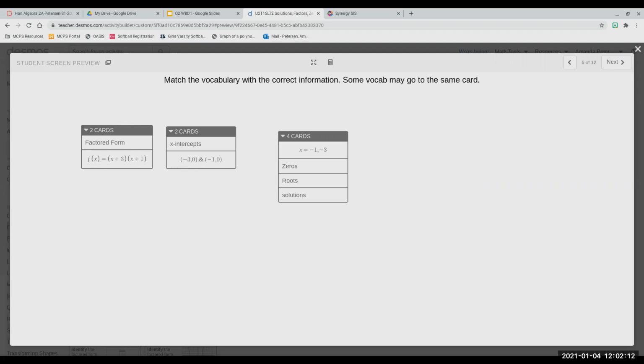Well, x plus 3 times x plus 1, when I multiply them together, is how I end up back in my quadratic equation of x squared plus 4x plus 3. So factored form is different than the x-intercept. x-intercepts are 2 ordered pairs. Ordered pairs are not factors. So that's the difference between these 2.